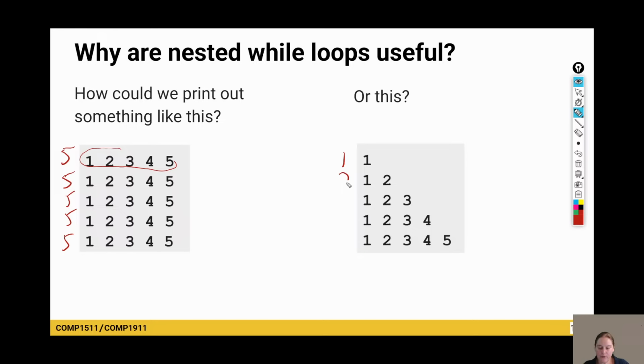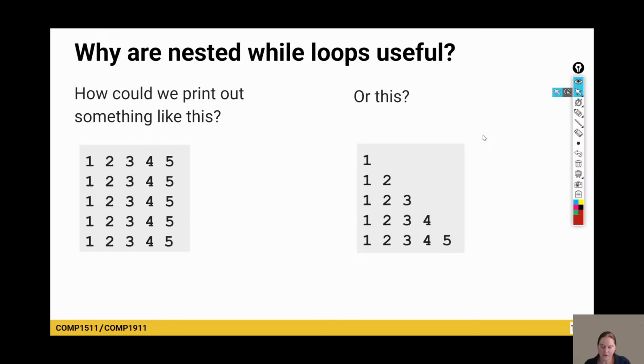When we're in row 2, we're only printing out 2 things. When we're in row 3, we're only printing out 3 things. When we're in row 4, we're only printing out 4 things. When we're in row 5, well, we are printing out 5 things then. So in this case, we're not always printing out the same number of things when we're printing out each row. But we've got a pattern.